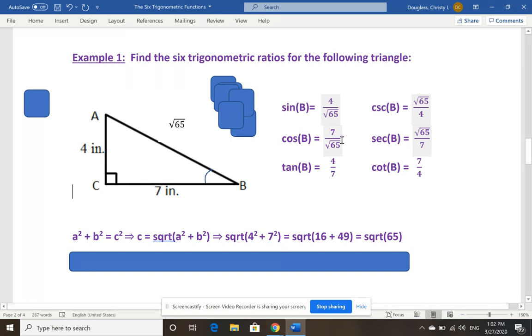You will notice that sine and cosine both have a square root in the denominator of the fraction. And that is considered not rationalized. So a lot of times you'll see these converted by simply multiplying the numerator and denominator by the square root of 65. And I'll go over that in another video.